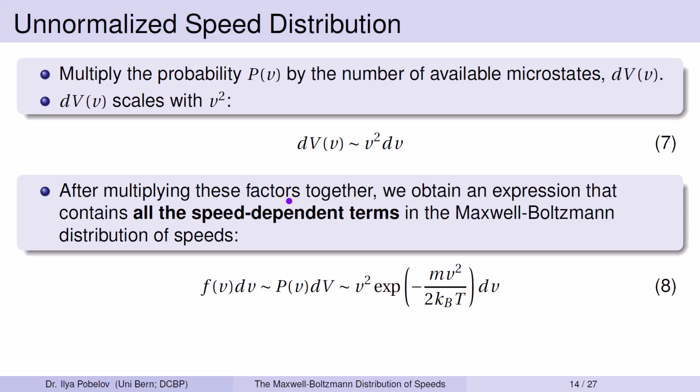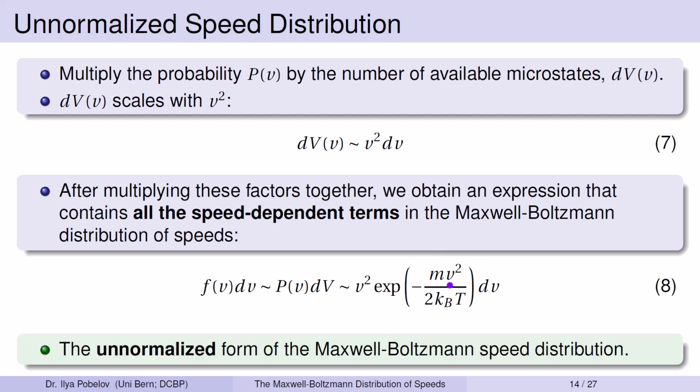After multiplying these factors together, we obtain an expression that contains all the speed-dependent terms in the Maxwell-Boltzmann distribution of speeds. This expression represents the unnormalized form of the Maxwell-Boltzmann speed distribution.